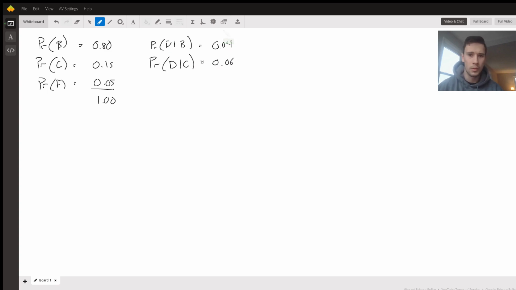And the probability of a defect, given it was made by Flutes, is 9%. So you see that these are conditional probabilities. They're conditioned on different things, so they actually don't add up to 100% here.